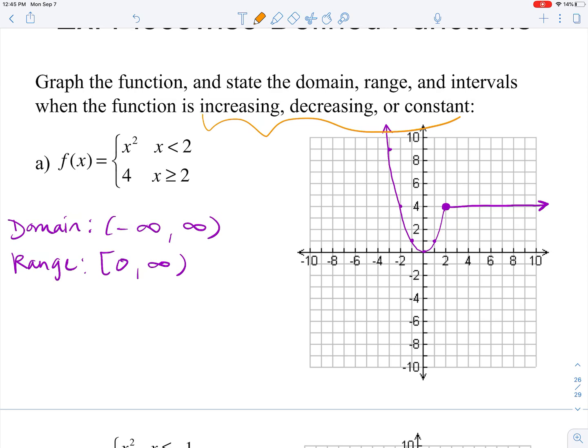So reading, and we're only reading the graphs, for this particular function, it looks like between 0 and 2, the graph is increasing. I would feel like I was walking uphill between 0 and 2.